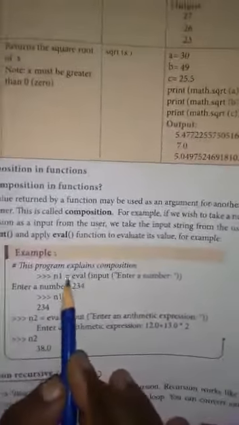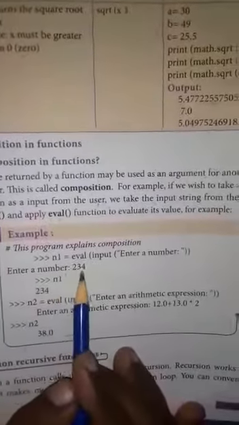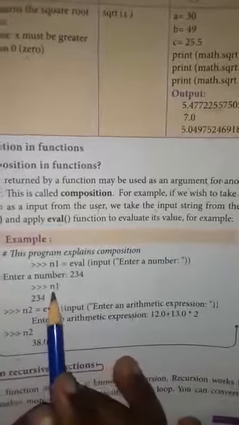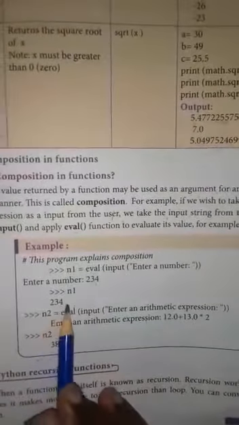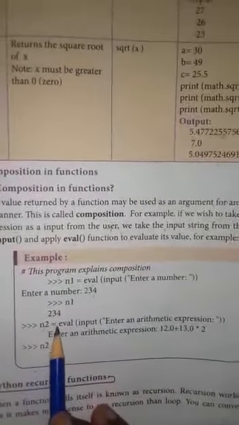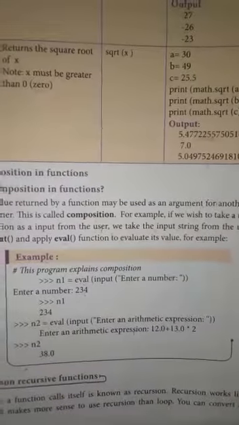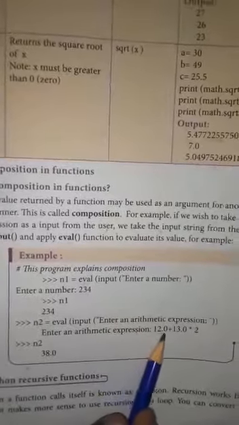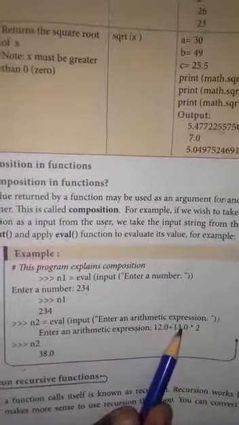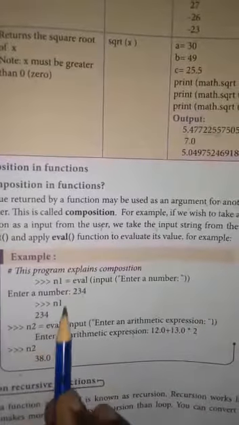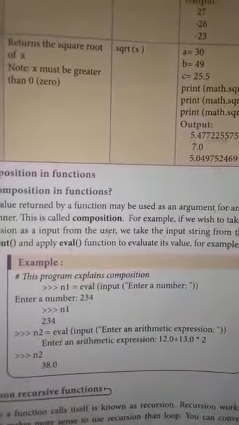Enter a number: 234. It returns the value 234. Next, n2 = eval(input('Enter an arithmetic expression')). Enter an arithmetic expression: 12.0 + 13.0 * 2. The output is 38. So this is the composition in functions.